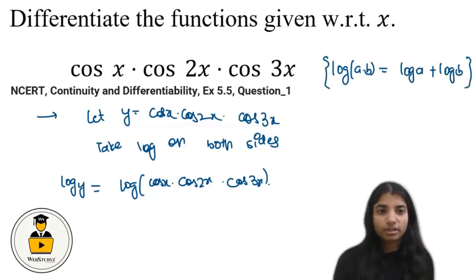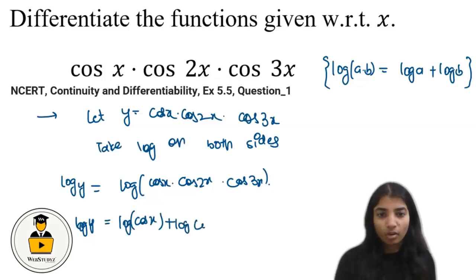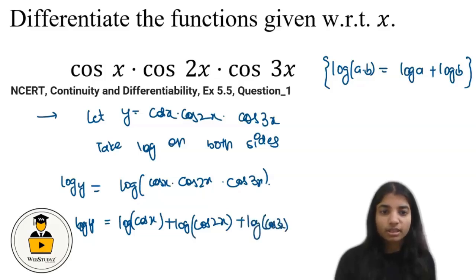So we are going to use this same property here. So we can say that log of y is equal to log of cos x plus log of cos 2x plus log of cos 3x. So this is what we are having.